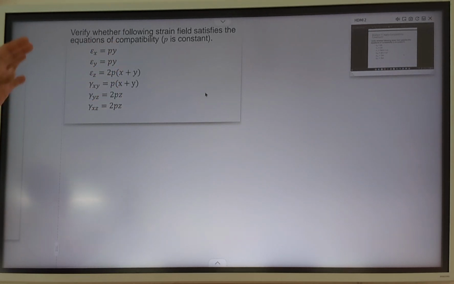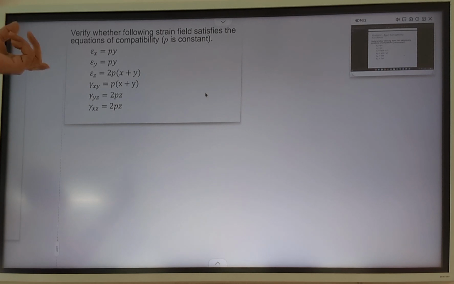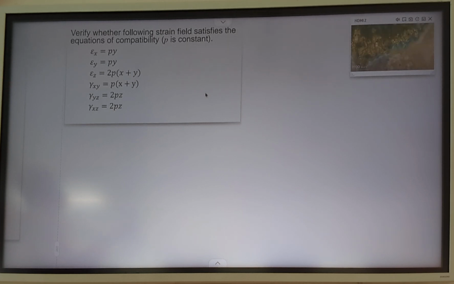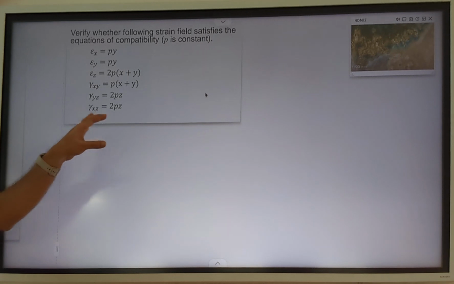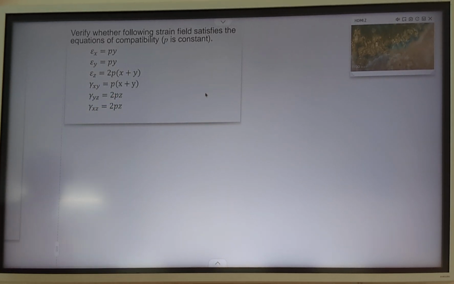We have to verify whether this solution is correct or not. The way to verify that is to plug these functions into the compatibility equations and check whether they are satisfied. We will not verify all the equations, we will just verify the first equation which we derived today.